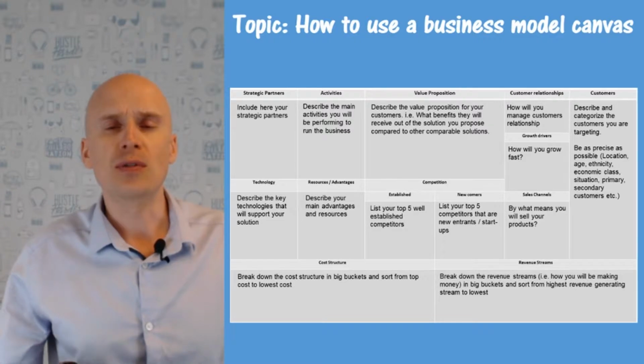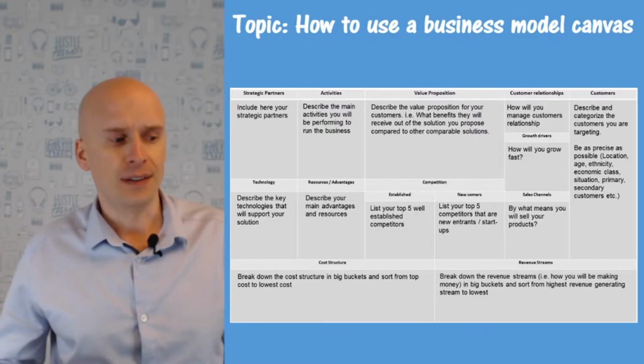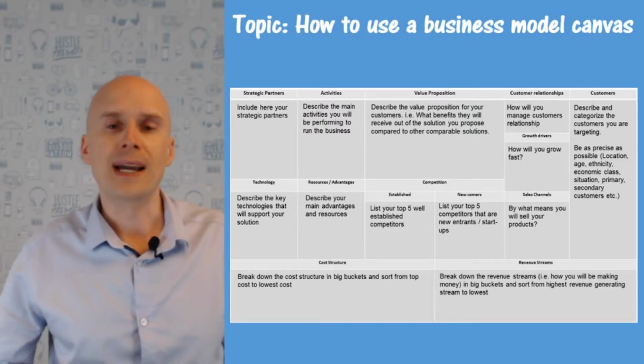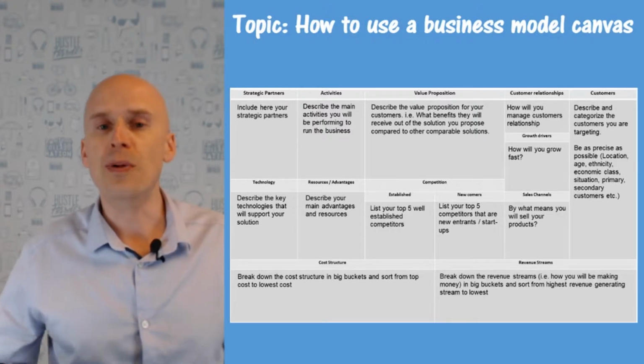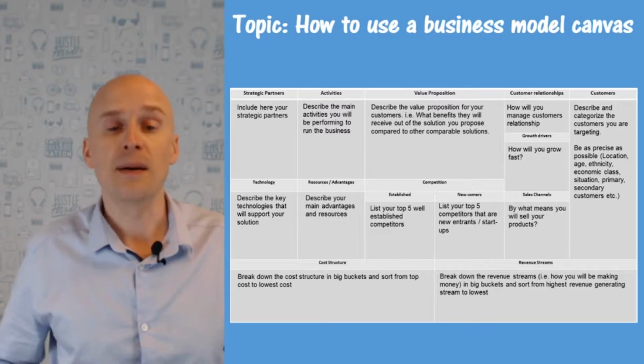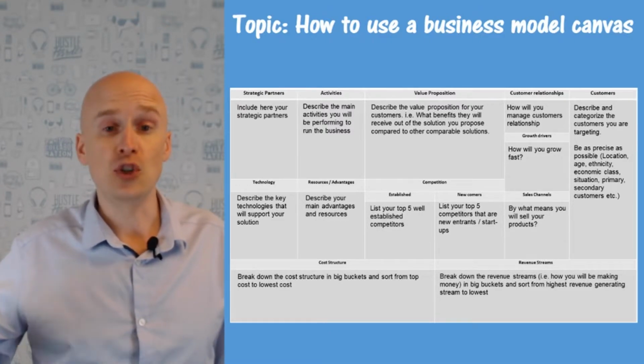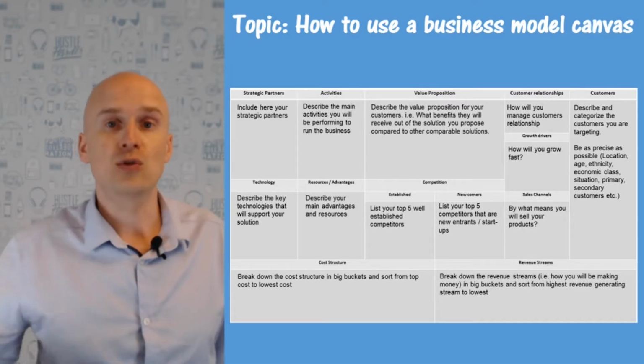So what is a primary or secondary customer? Let's say you sell bikes, right? So you want to build a new bike. Well, your secondary customer is going to be people that buy bikes, but your primary customer is probably going to be the shops that sell the bikes to the customers.